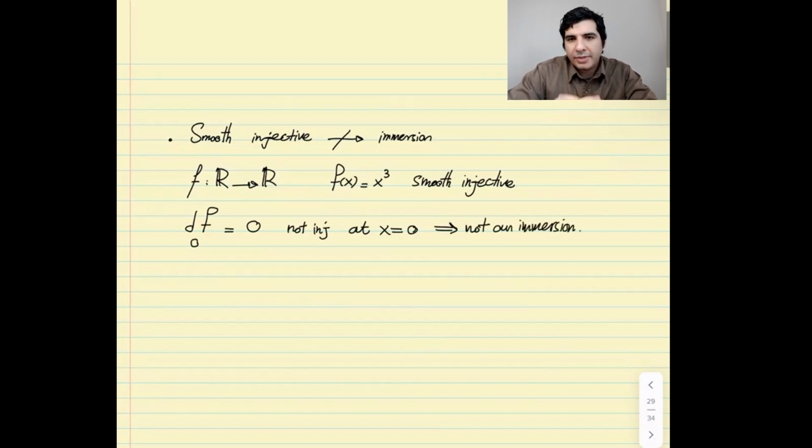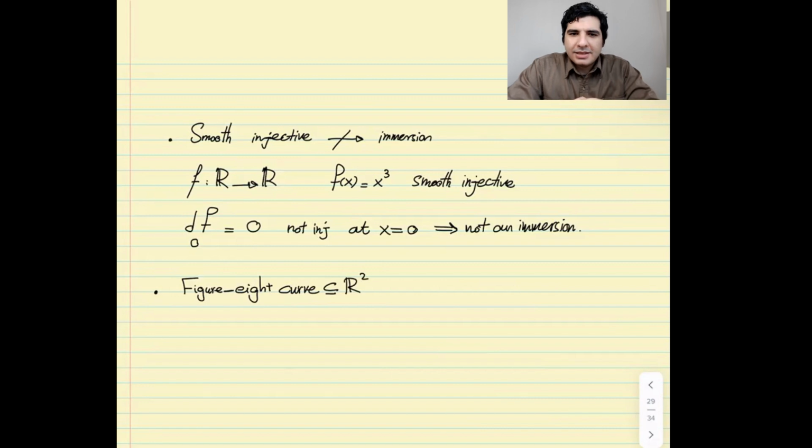So being smooth and being injective, this simple example shows, is not enough to deduce that the map must be an immersion. Great. So it's a good example. Can you realize the graph of y equals x cubed as a smooth submanifold of R2? Are there different ways to parameterize this graph as a smooth submanifold? It's a good question to think about.